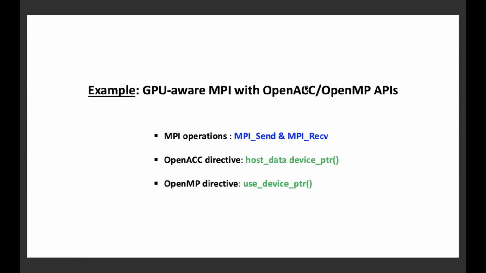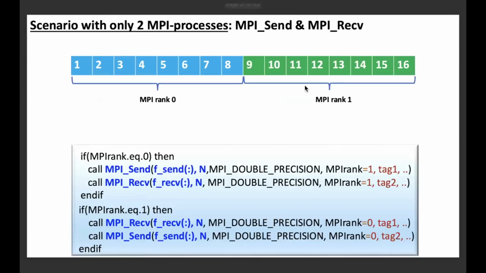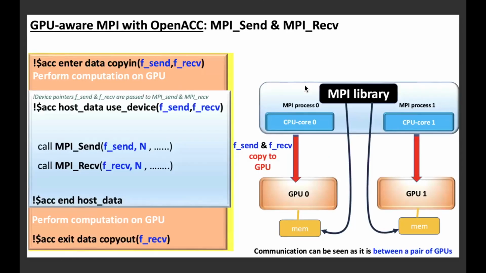Let's look first at an example of how you can implement it in an application. We have seen this picture, that's the MPI side. So that's GPU over MPI with OpenACC. If you have an application that already has MPI, you simply define, as I mentioned previously, a data region where you include the directives to copy data from the CPU to the GPU.